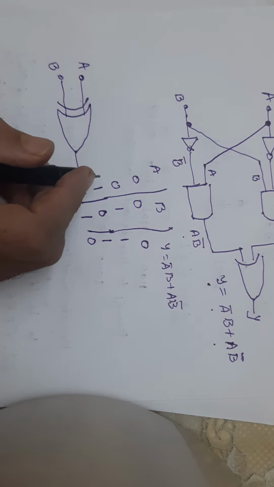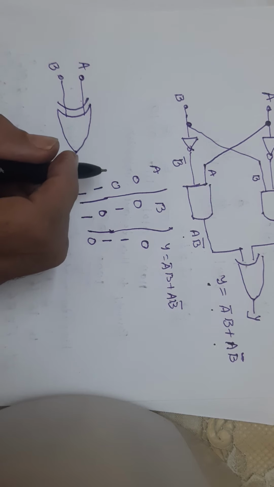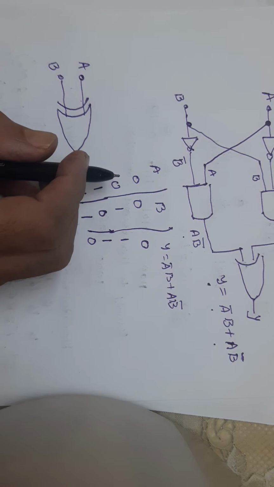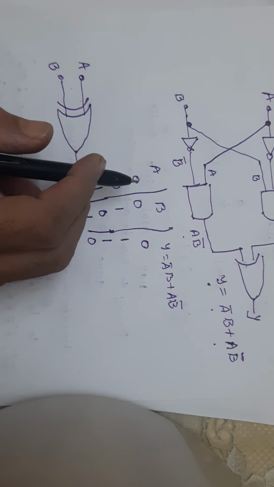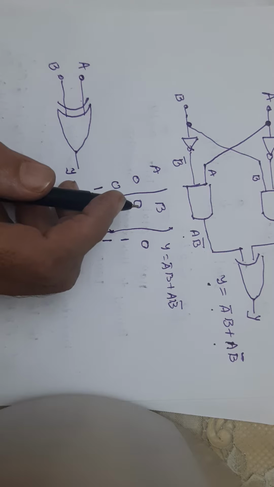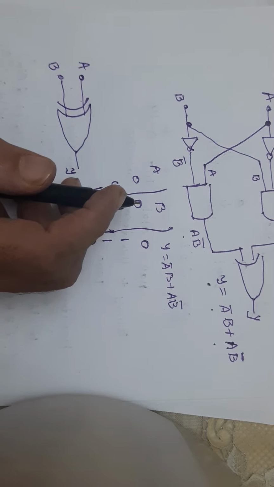Whenever you see this symbol, remember that the output is high if either input is high, but not when both are high. Stated another way, inputs must be different to get a high output.